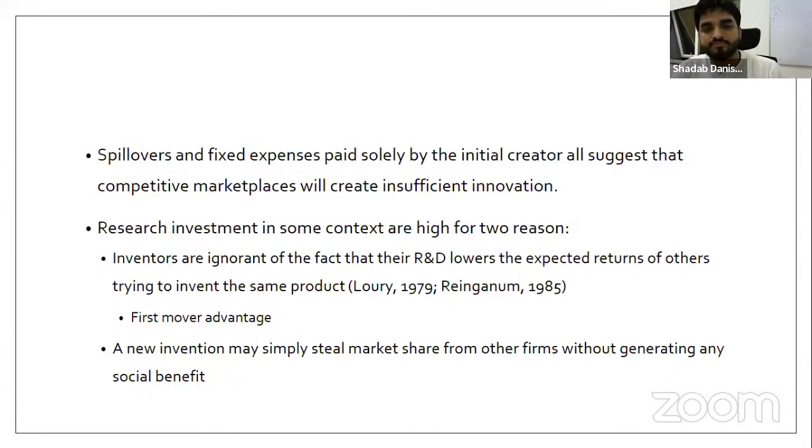So there is some kind of race going on. Take an example of some company that has come up with one product, and that particular product exists, and someone starts working on a similar kind of product, right?